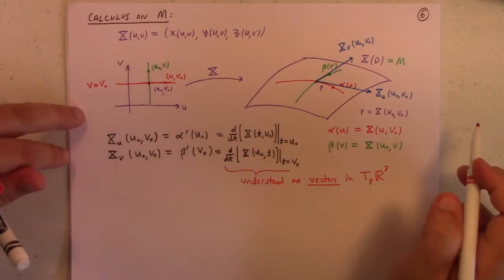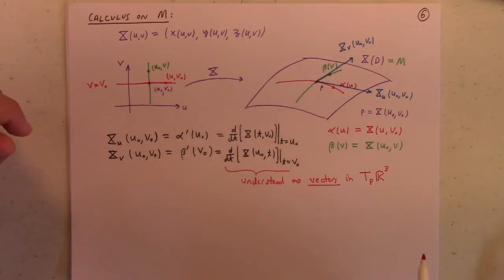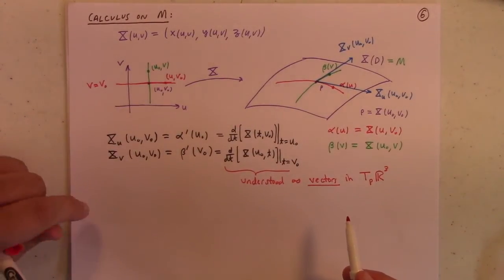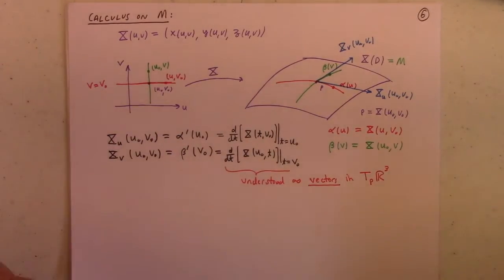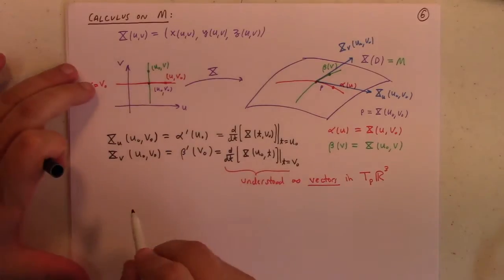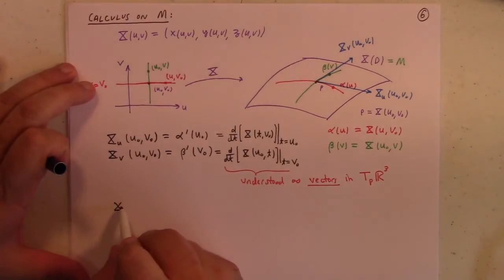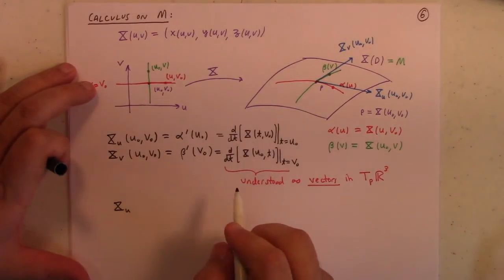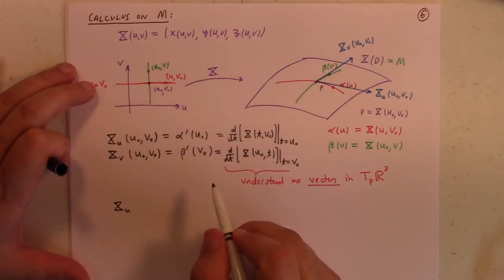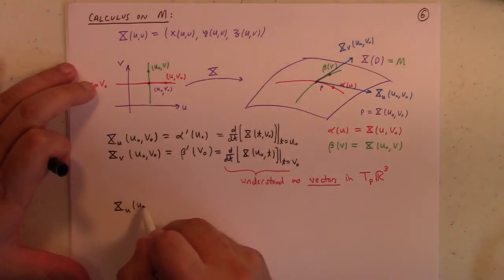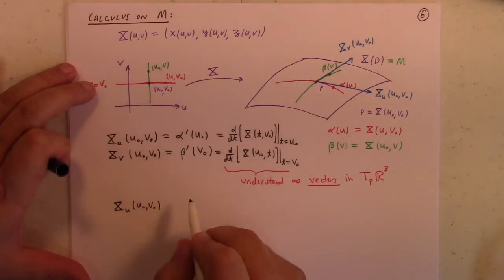Which means that technically speaking, they're derivations. Let me be more explicit about that. Let's see here. So x u would be equal to, and this is all at the point, well fine, the point dependence here gets kind of old.